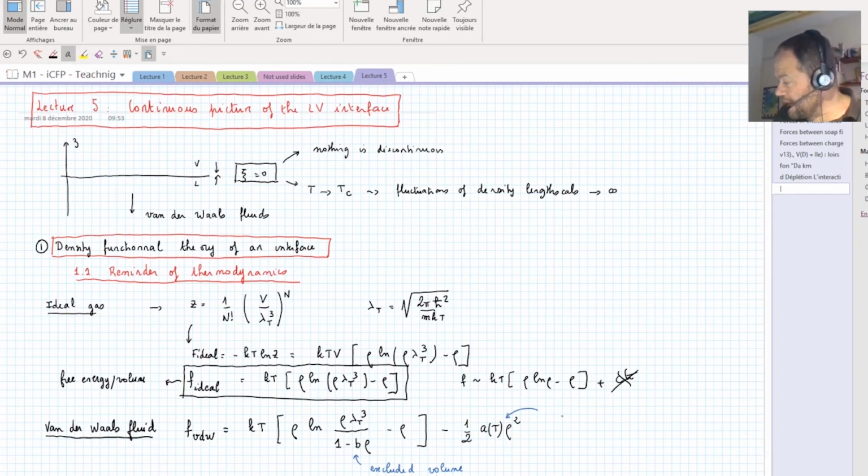This term is the attractive term, as you can see, due to the minus sign here. And since it is proportional to rho squared, it is clearly the sign of a pairwise interaction. I insist a little bit on that: the square here is the direct sign of the pairwise interaction.